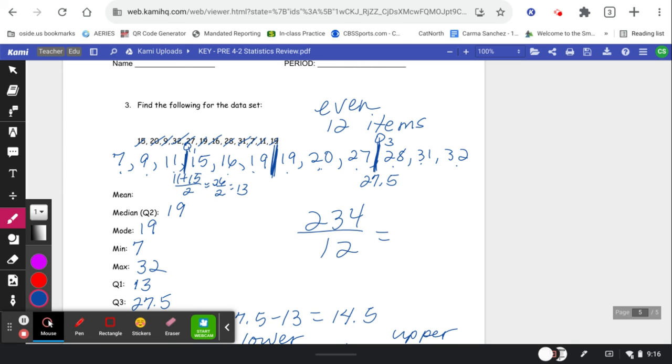When there's this many in the data set, I always add it twice. Yep, got the same thing again. Divide that by 12. I get exactly 19.5. How'd you do?